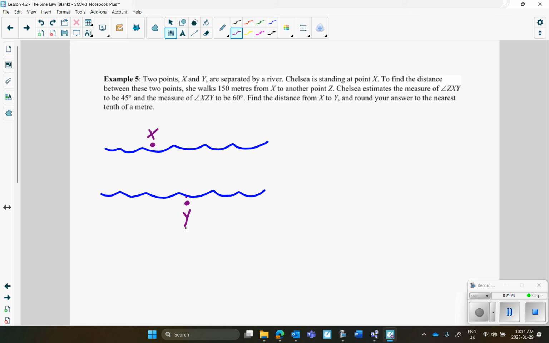So they want to find the distance between them, and this is how surveyors actually find distance. So what Chelsea's going to do at point X is she's going to walk 150 meters to a point called Z. So she knows that this is 150 meters.